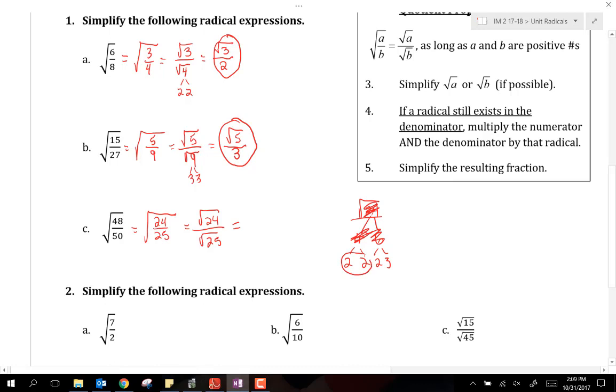So we have a pair of 2's. We bring that out. But we don't have a pair for the 2 or the 3, so they stay inside. And we multiply those two together. We have 2 root 6 for our numerator. Our denominator, a little bit easier. Pair of 5's, nothing left over, so it's just over 5.